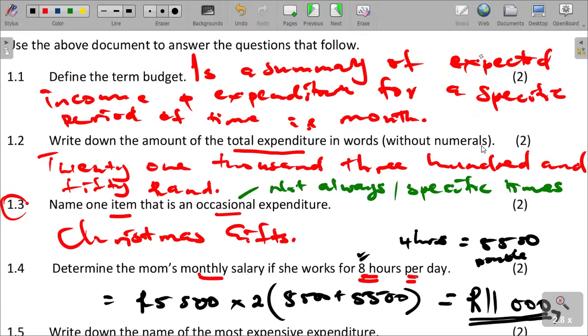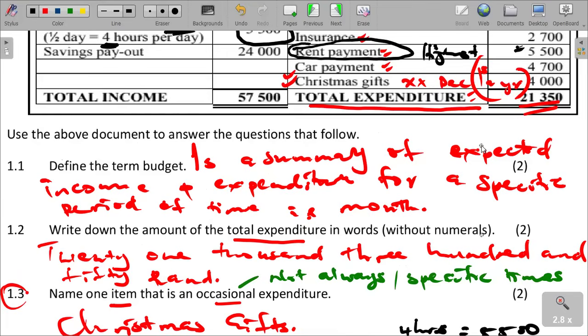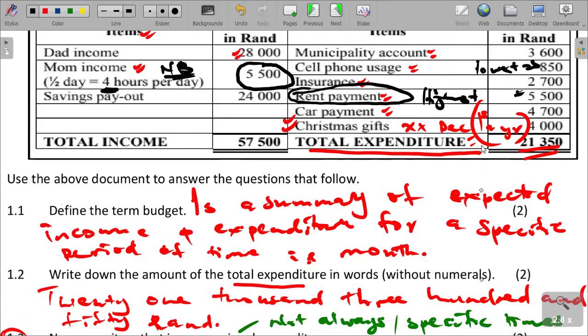That is a budget. The next question says, write down the amount of the total expenditure in words. The expenditure for this family is given as 21,350.